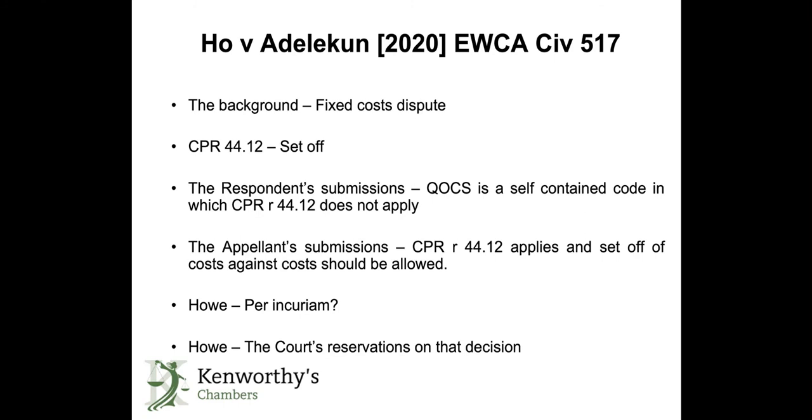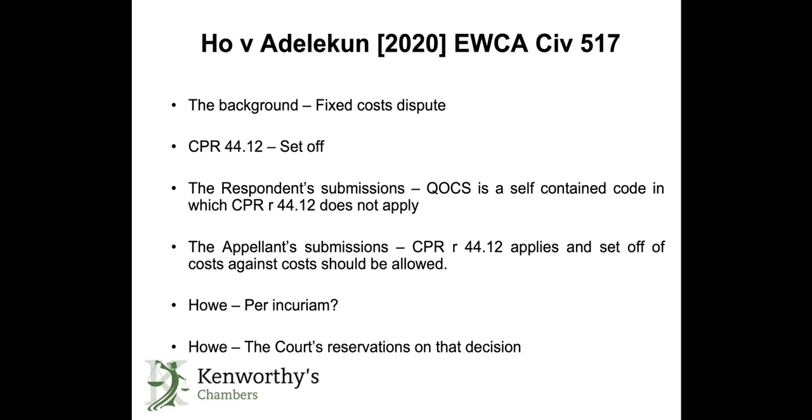In fact, when one looks at the judgment, one sees, particularly from Lord Justice Newey, an indication that but for the decision in Howe, he would have accepted that the claimant was in fact protected by QOCS, in that the defendant was not entitled to set off costs, QOCS being a self-contained code.